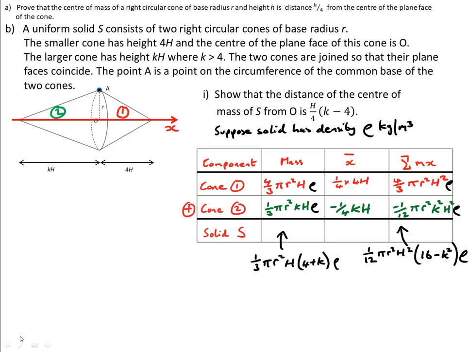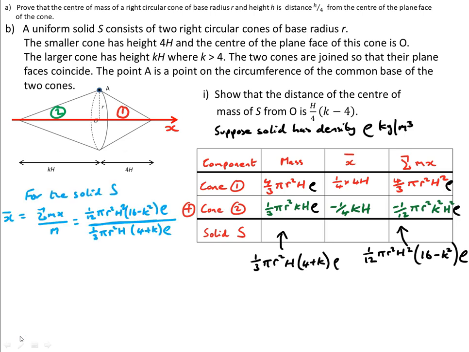So for the solid S, the centre of mass is going to satisfy x bar as the sum of the mx's divided by the total mass. So that's the 1/12 pi r squared h squared (16 minus k squared) times rho divided by 1/3 pi r squared h times (4 plus k) rho. The 1/12 and the 1/3 will cancel out to leave us with 1/4 on the top. Pi r squared h squared will cancel the pi r squared h to leave me just with h on the top.